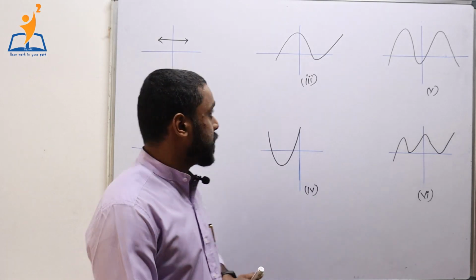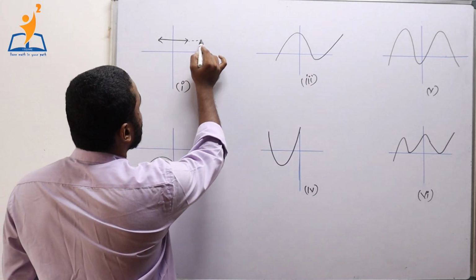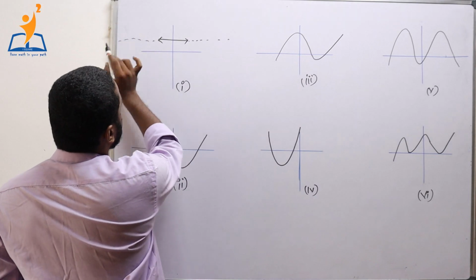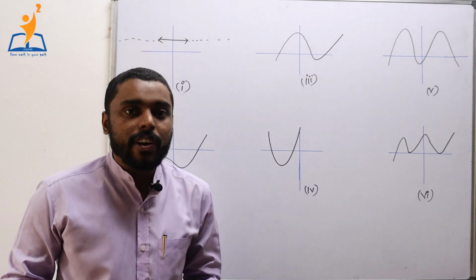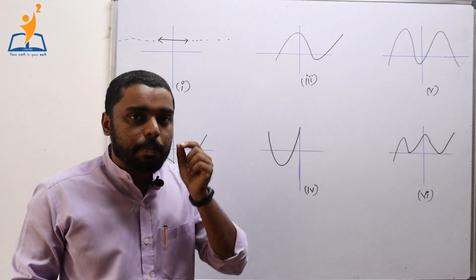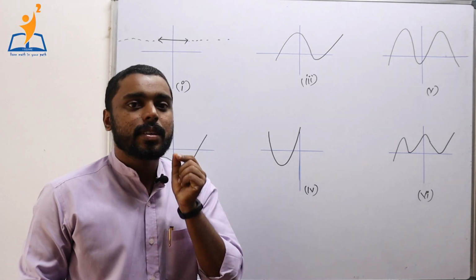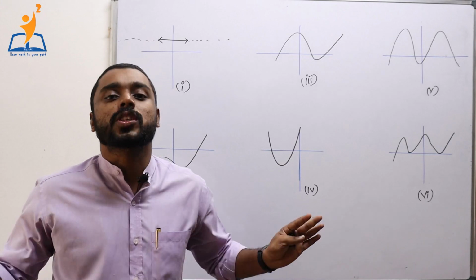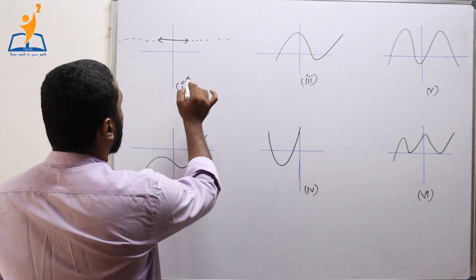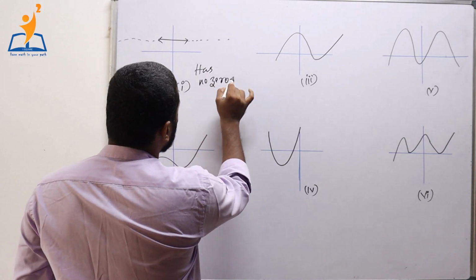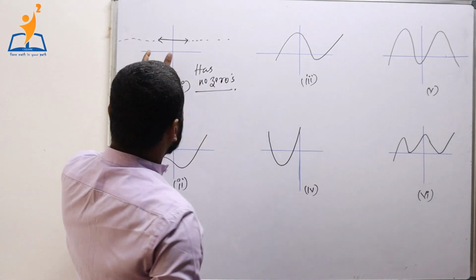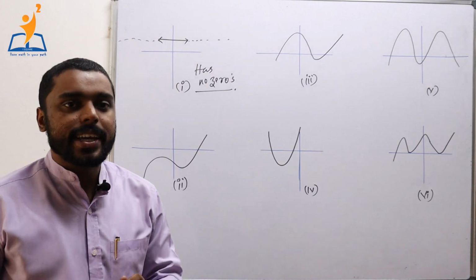So this polynomial has no zeros. Why? Because this line or the graph never crosses the x-axis.